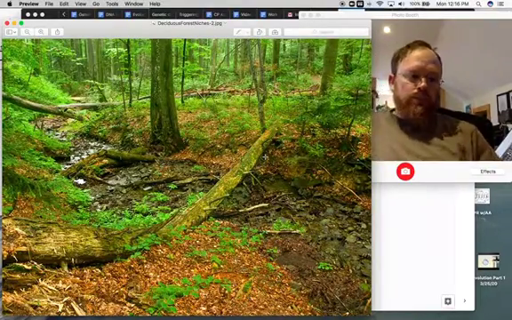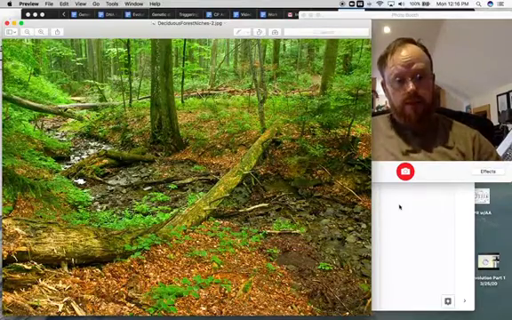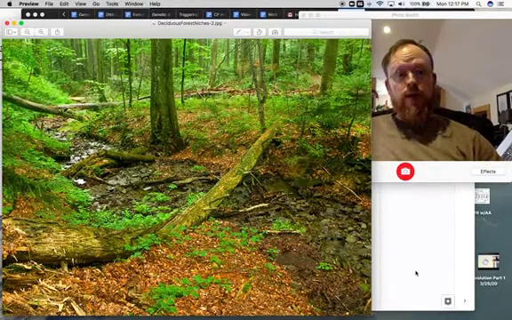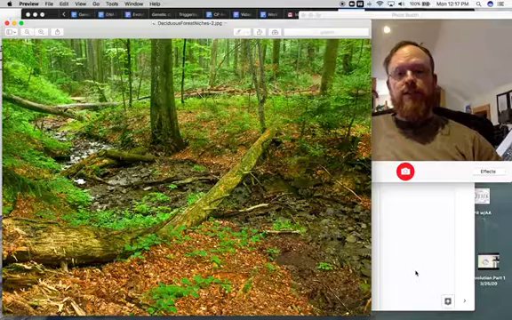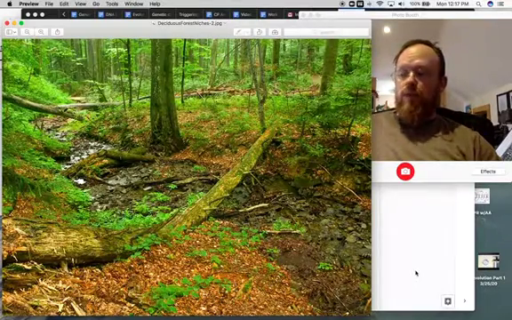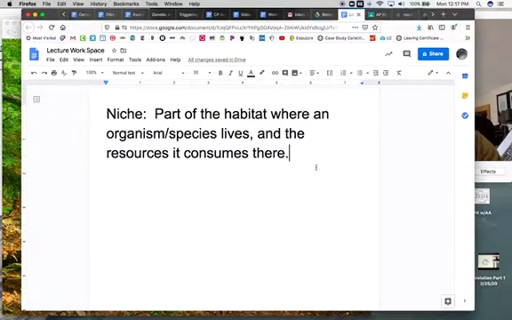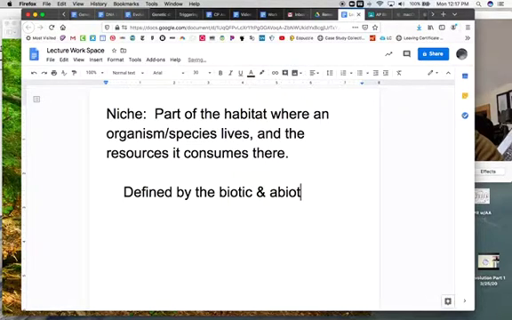A niche is defined by the biotic and abiotic factors that are part of it, okay? So let's go ahead and say it's defined by the biotic and abiotic factors within that habitat.